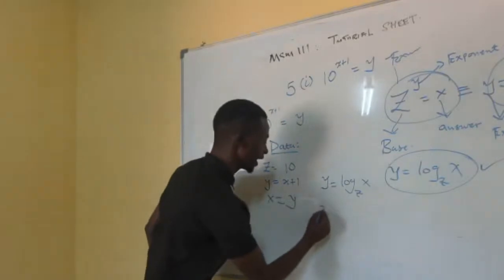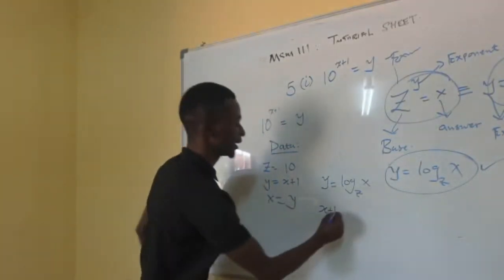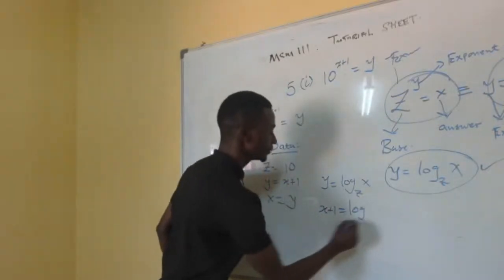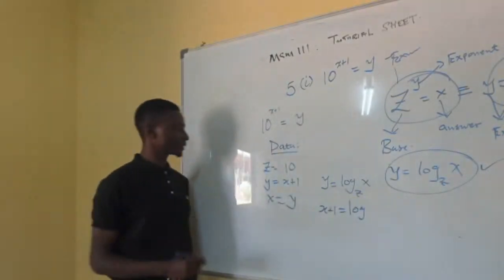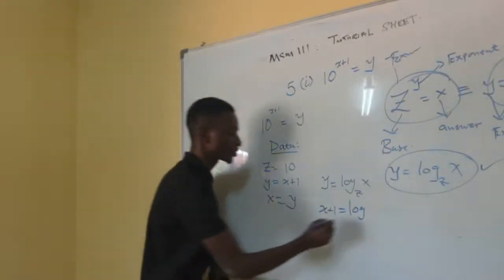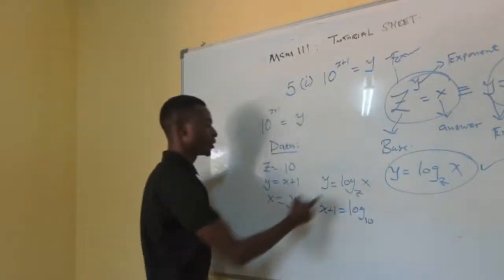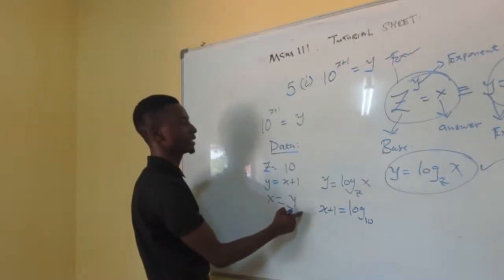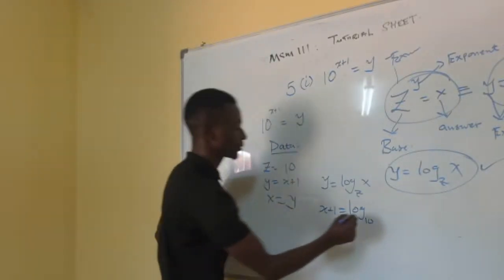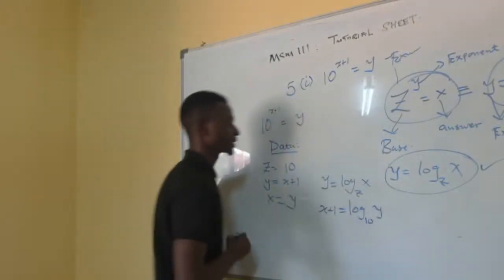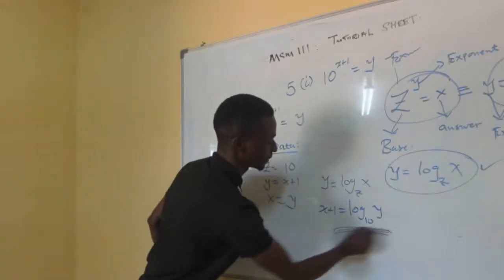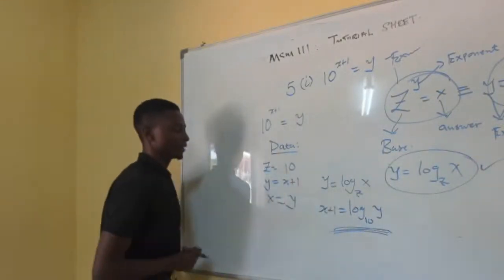So you say x plus 1 equal to log, what is z? Your z is 10, so you put 10 there. What is x? Your x is y, according to that question. So that's your final answer.